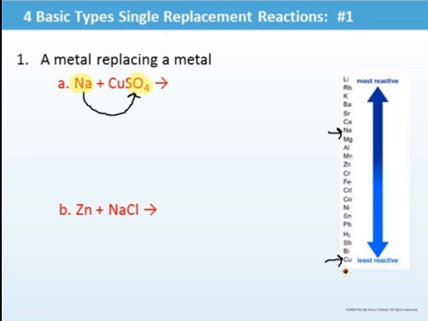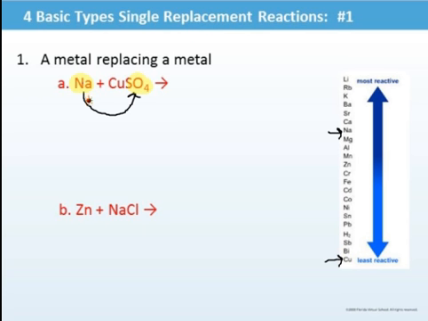What we want to look up is: sodium, the element that's by itself, is it more reactive than the element at the beginning? Because remember, we're trying to replace copper. Is sodium higher than copper? When we look at this, yes, it is. What that means is that this reaction will occur. That's all we need the activity series for.